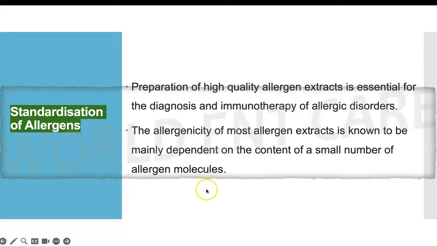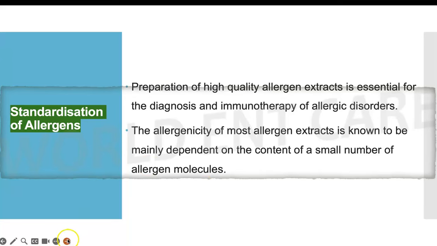Recently the quantification of individual allergens has been the main focus of allergen standardization, because the allergenicity of most allergen extracts is known to be mainly dependent on the content of a small number of allergen molecules.